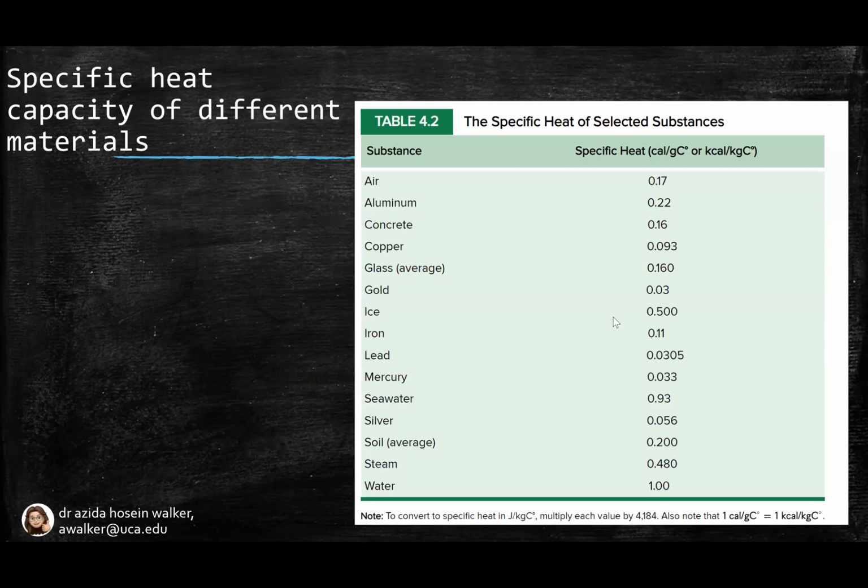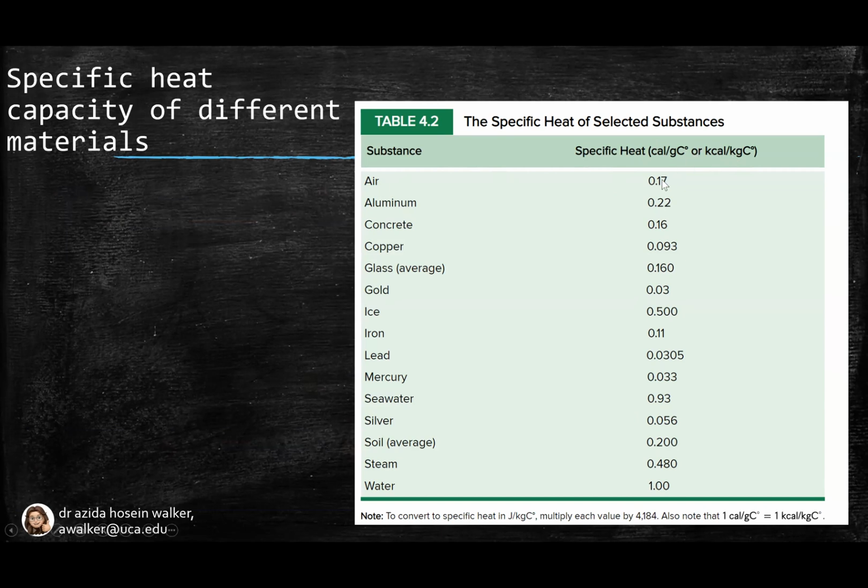Here we have the specific heat capacity of different substances. This is the constant c that is described in the equation before. The unit here is calories per gram degree Celsius, or kilocalories per kilogram. So the kilos kind of work together: kilograms per kilogram, or calories per gram.